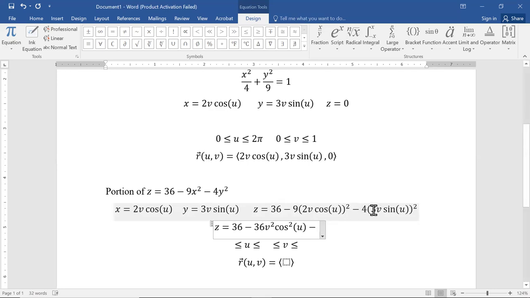And in the same way, when I multiply this out, I get a minus 36v squared times sine squared of u. Notice that minus 36v squared can be factored out.